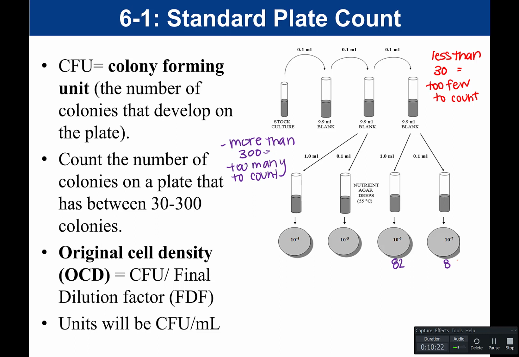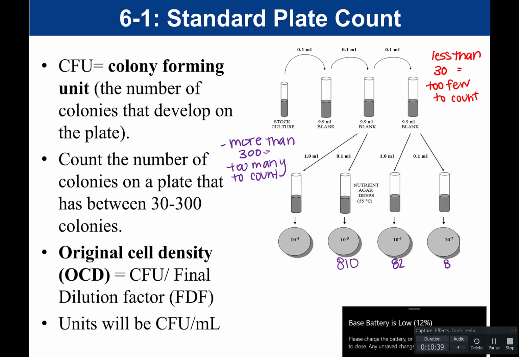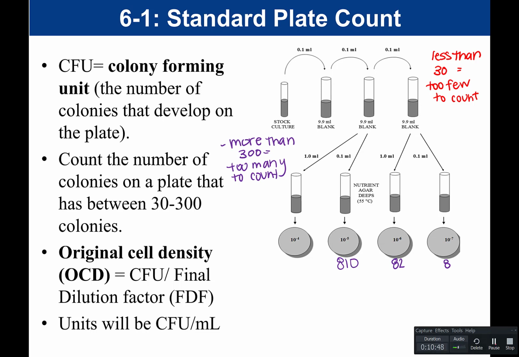And if we have 82 on that plate, my 10 to the negative 5 maybe is going to have 810. So it's not exactly a tenfold change, but approximately. So 82 colonies on my 10 to the negative 6, and my 10 to the negative 5 would have 810 colonies.